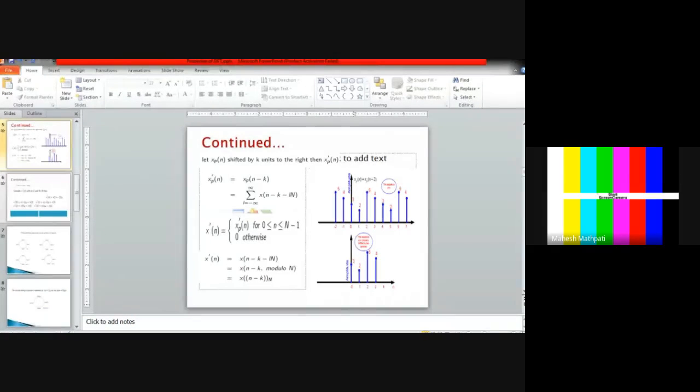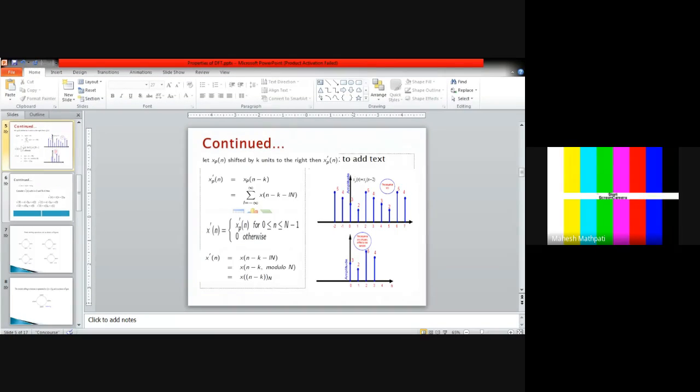Or else we can write this as x dash of n equals x of n minus k minus ln, or simply x of n minus k modulo n. Here modulo n means we are rotating the signal in n values, or rotating the signal n times. We can express this as x of n minus k modulo n.